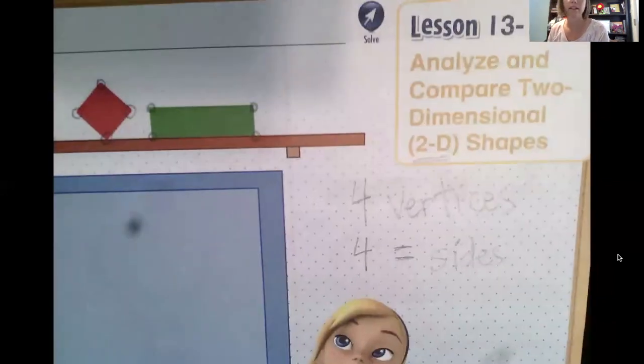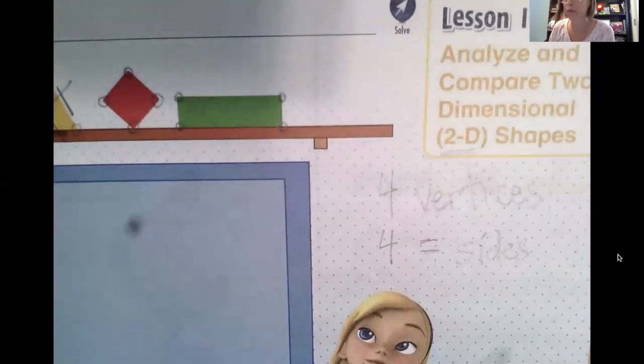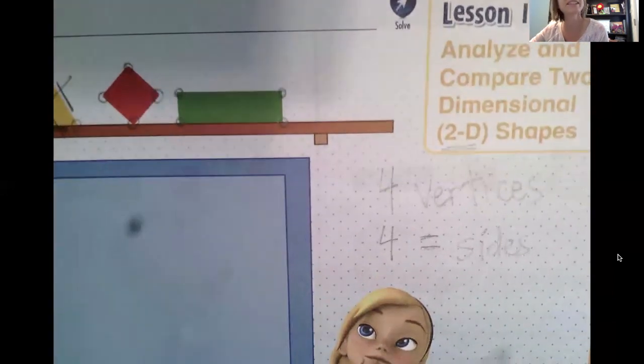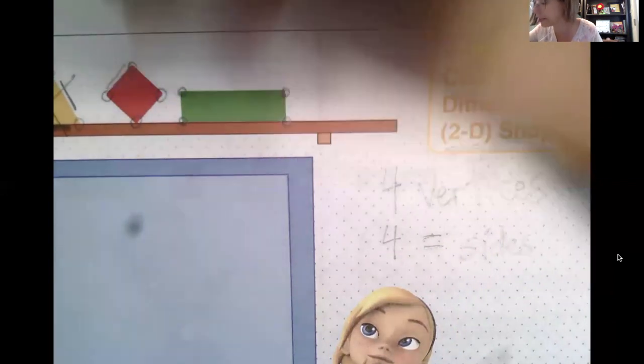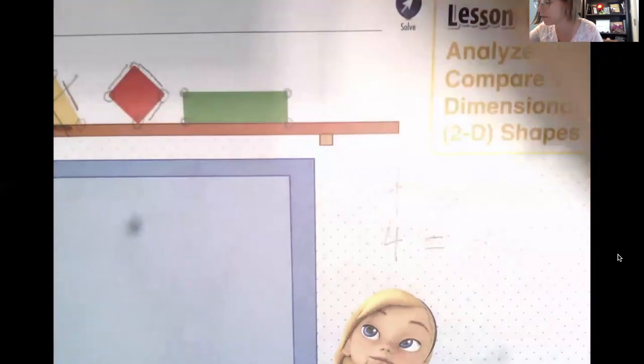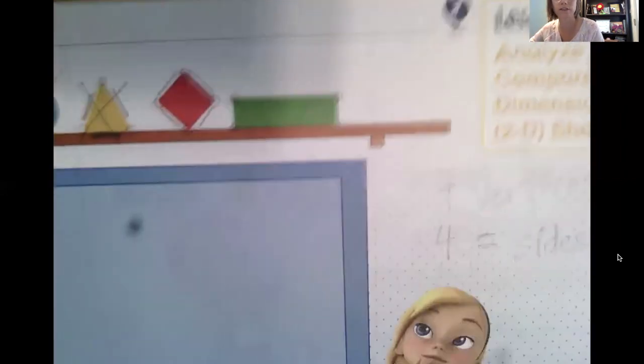Can it be the square? How many corners does the square have? 1, 2, 3, 4. It has 4. How many sides does the square have? Well, it has 1 right here, 1 right here, 1 right here, and 1 right here. That's 4 sides.